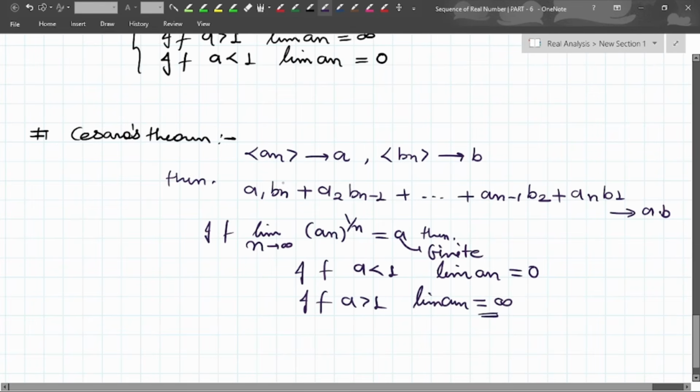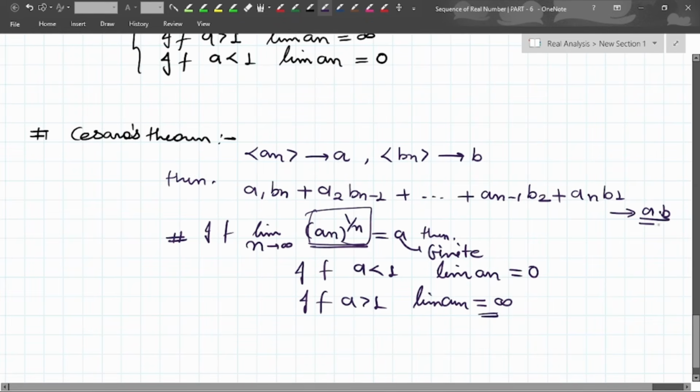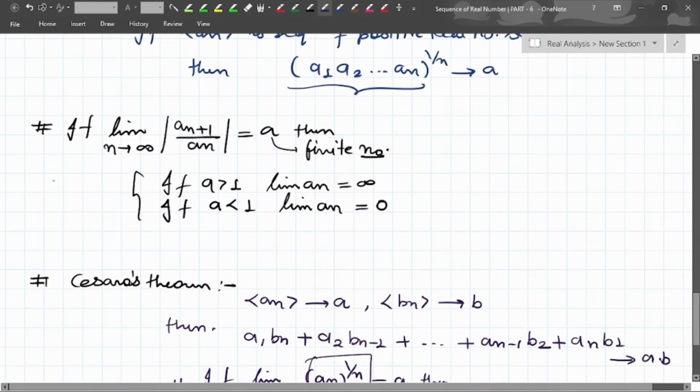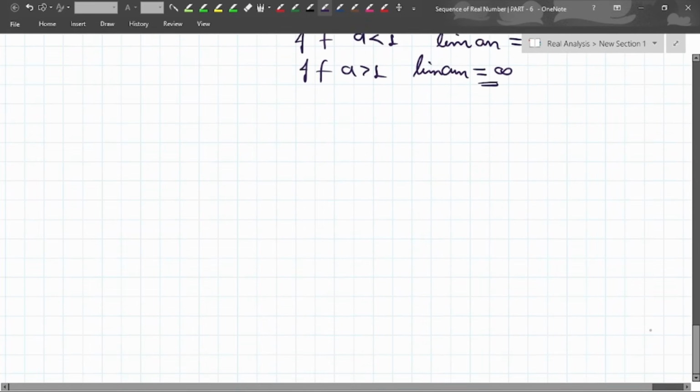This is Cesaro's theorem, and you can apply it to find the limit. These are separate results. If you have a sequence like this, then either you can use this test to calculate the limit of the sequence, or you can use this form of the sequence, so that you can get the result.